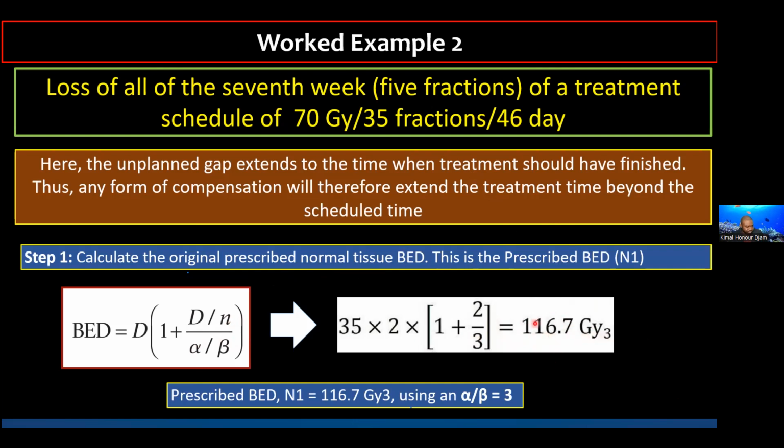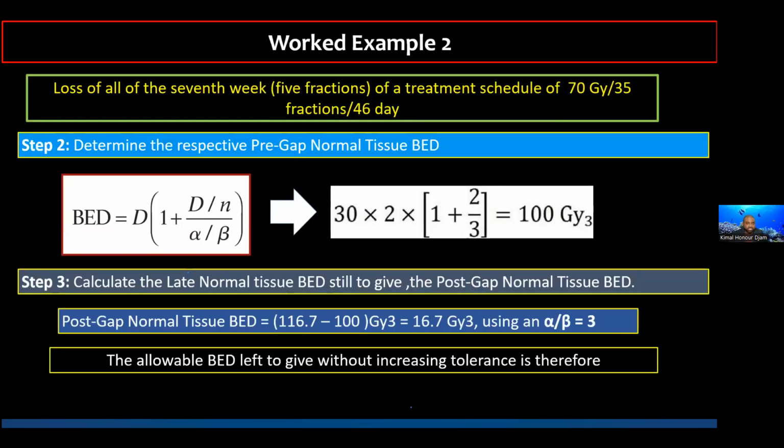Now, the next step in the process is for us to determine the respective pre-gap normal tissue BED. And we do that, remember, we're assuming an alpha beta ratio of 3 here. If we calculate that, it gives us 100 gray.